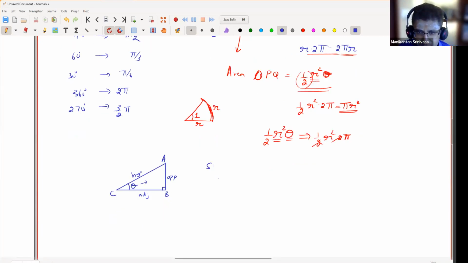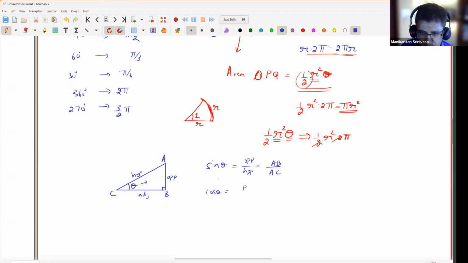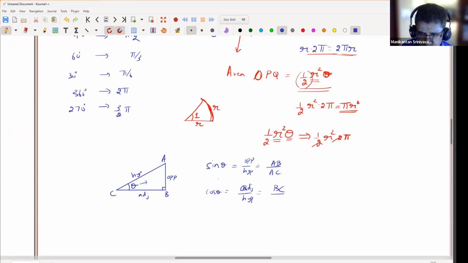So basic sine theta, cos theta, tan theta, all of us know, but just to be on the same page very quickly, opposite upon hypotenuse, AB upon AC is sine theta. Cos theta is, as far as theta is concerned, the adjacent side BC over hypotenuse, so it's BC over AC.